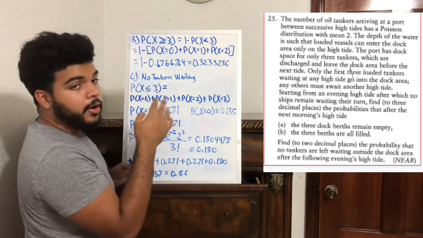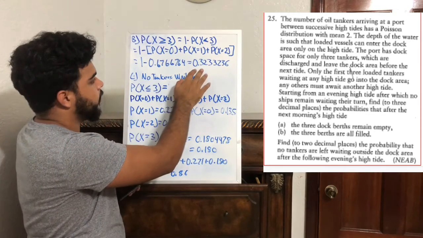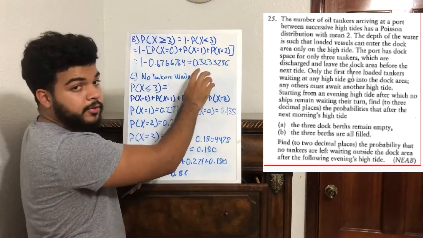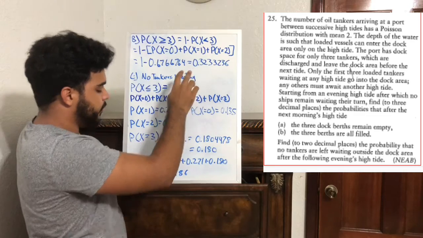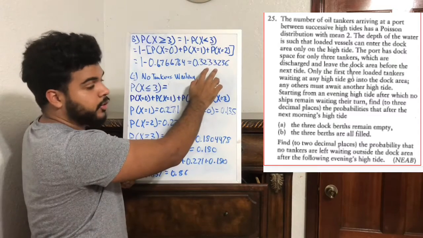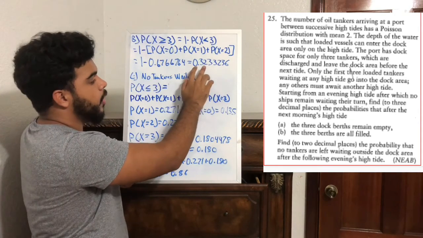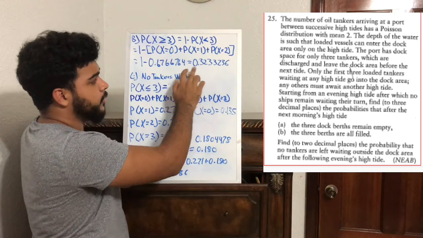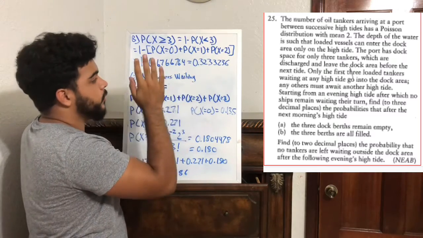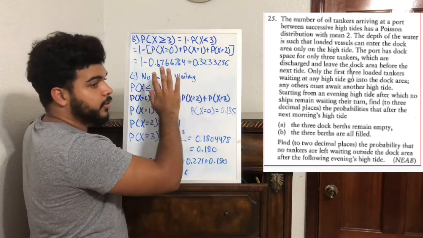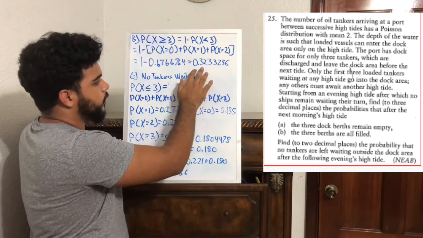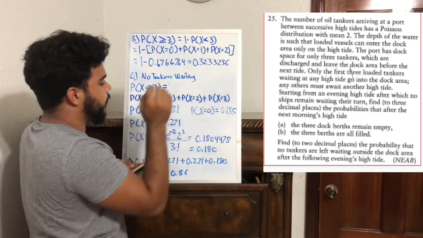So the answer right here is if there are 3 tankers in the dock at the moment, because B asked for that question, and it also includes if there are no tankers waiting, or if there are many tankers waiting right now. So that is the answer for that one, right?